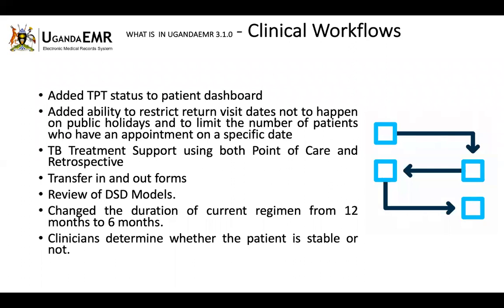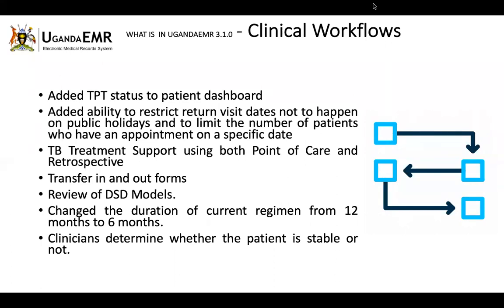Also, we limit the number of patients to be seen on a specific date. Facilities will set a number. For example, we have facilities that see, say, 500 patients on a daily basis.